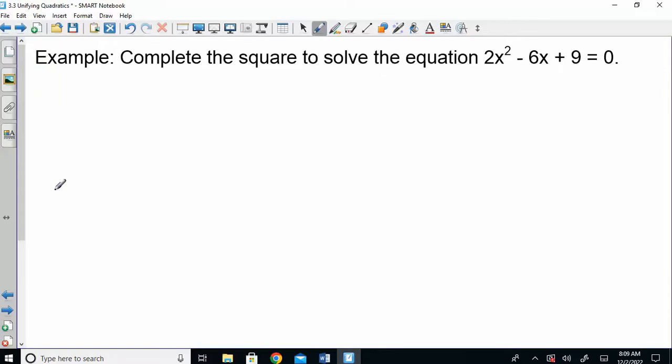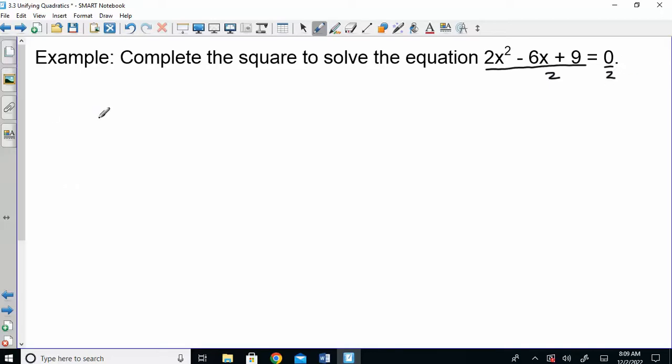Let's say I asked you to complete the square for one. In order to complete the square, it has to be a 1x squared. So what we have to do first is divide everything by 2.